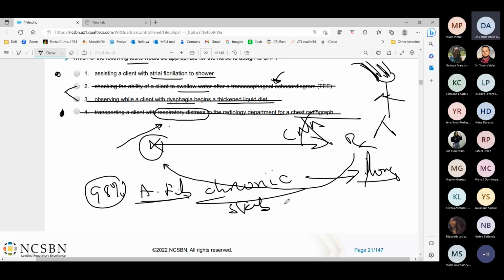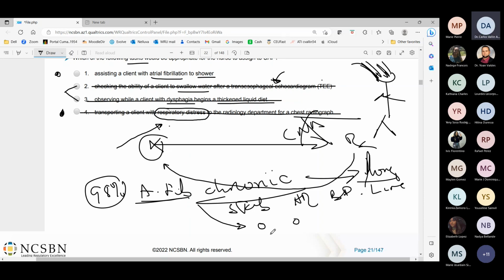The patient can have a normal heart rate and a normal blood pressure and can have a normal life. It's not a contraindication to drive, it's not a contraindication to have a normal life. The only thing is that the patient with chronic atrial fibrillation must be taking 2 tablets.